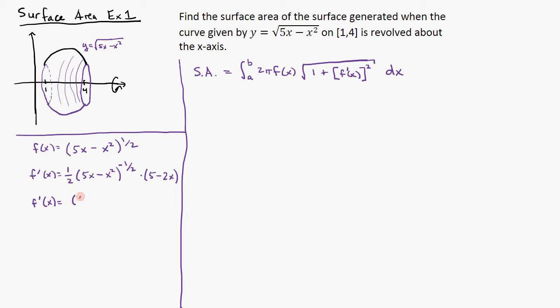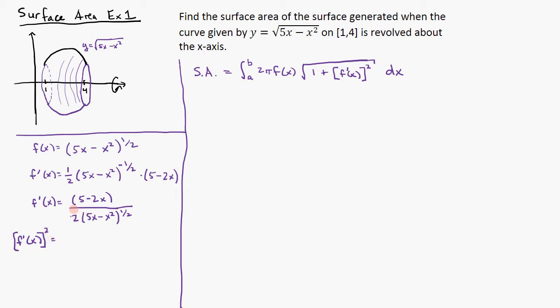So it's equal to 5 minus 2x over 2 times 5x minus x squared raised to the 1/2 power. Now in the formula, I actually have to square this expression, so let's compute the square. f prime of x squared.